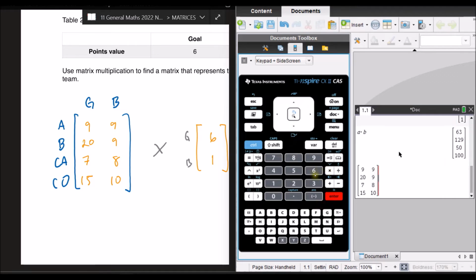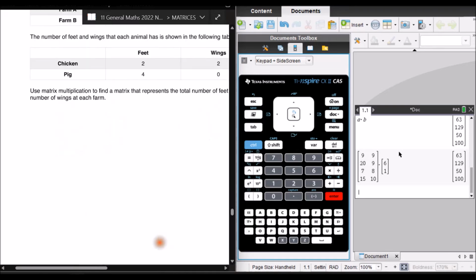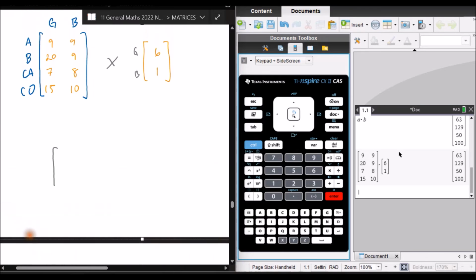Then you go times, and then just highlight the other matrix, press enter, and that'll do the same thing. But you don't have to label it. You can if you want to, or you can just do it that way. I find that labeling does help a bit because there's going to be a few questions where you've got like 5 matrices to work with, and can't be bothered looking through and writing them down. So there's your answer. That means that's the total number of goals and points for the team, well, each team.